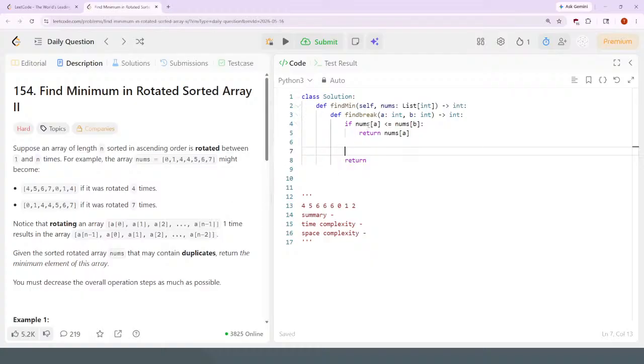Okay, so if it does recurse, then somehow the first is bigger than the last, right? Then mid is equal to a plus b divided by 2.